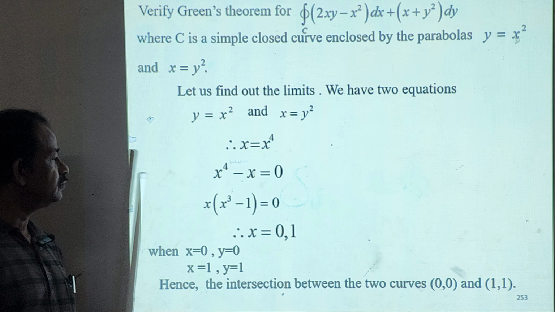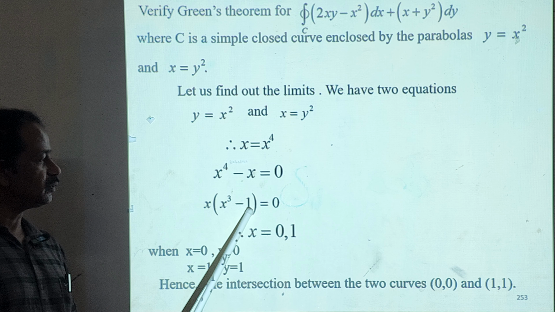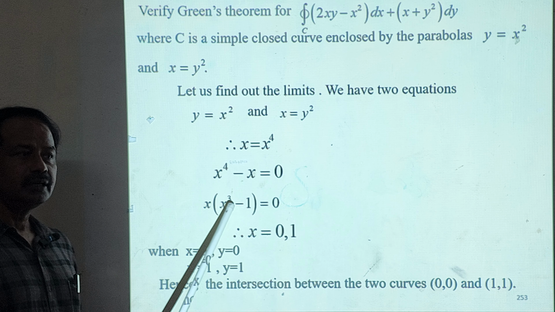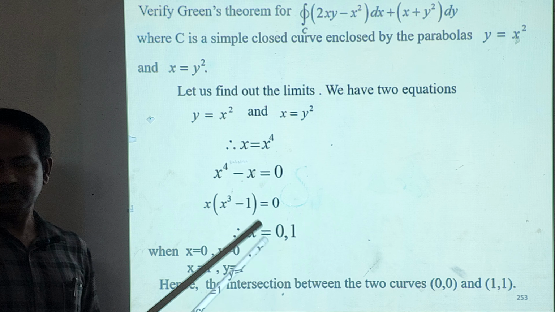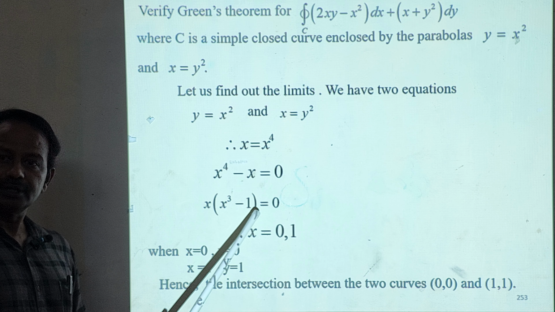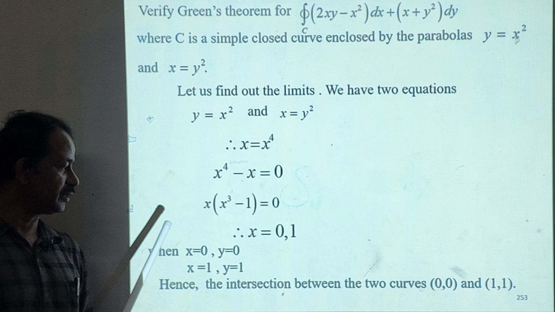You pull x out, that will give you x cube minus 1. Either x equal to 0 or x cube minus 1 equal to 0. So x equal to 1. So we have x equal to 0, 1.